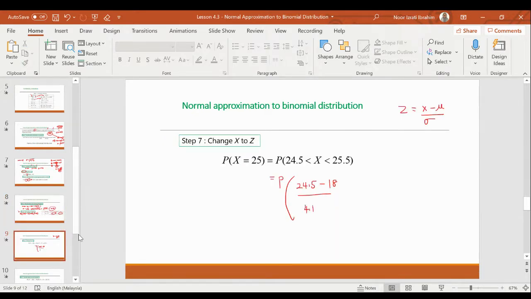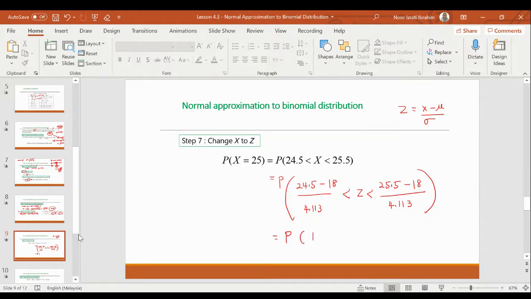So divide by 4.113, transforming from X to Z. Then 25.5 minus 18 divided by 4.113.